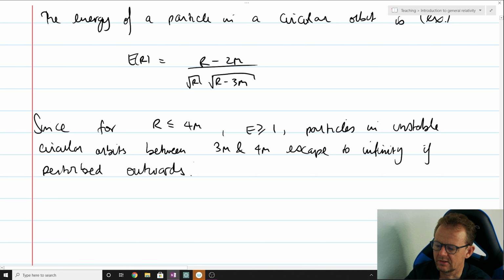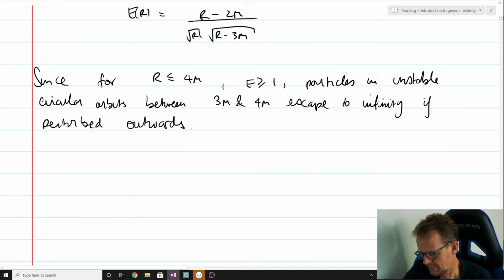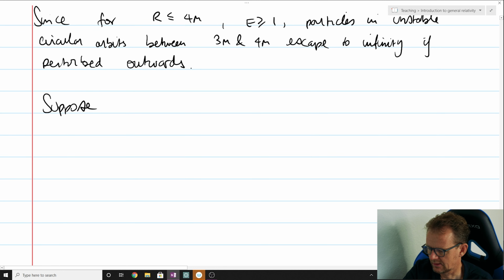All right, now let's understand stable circular orbits, and in particular perturbations of stable circular orbits. This will lead us to one of the most celebrated predictions of Einstein's general theory of relativity. Well, confirmations rather than predictions, as you'll see.